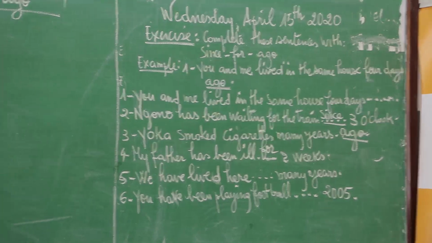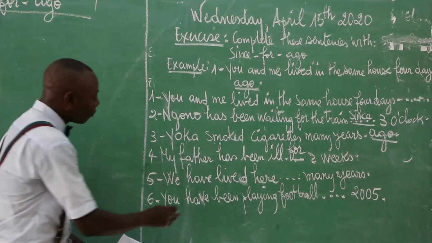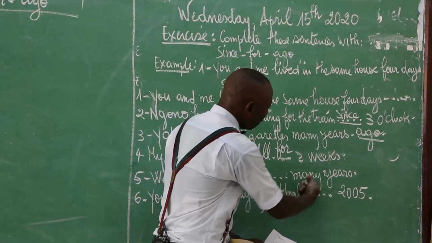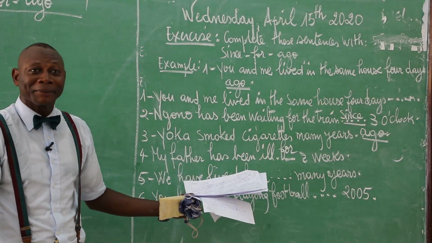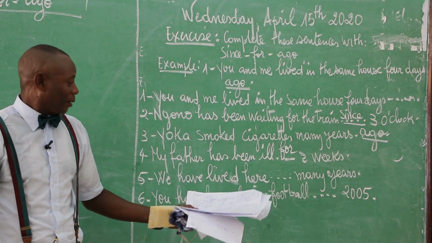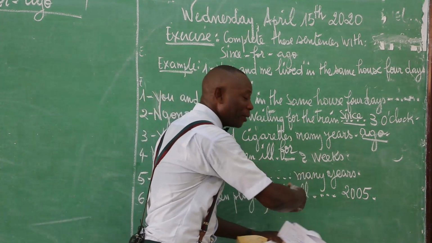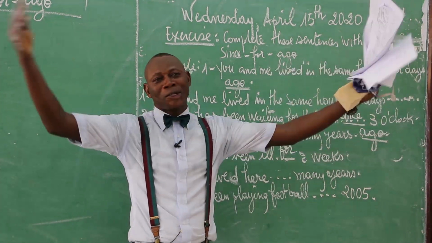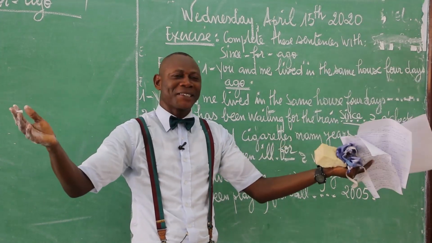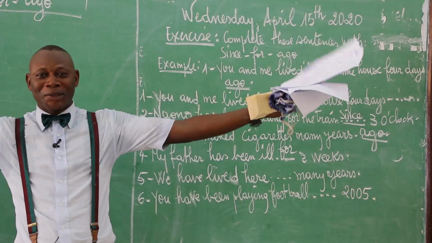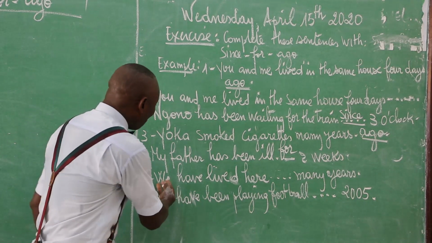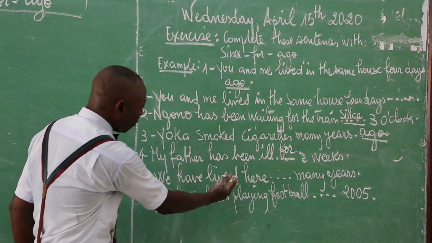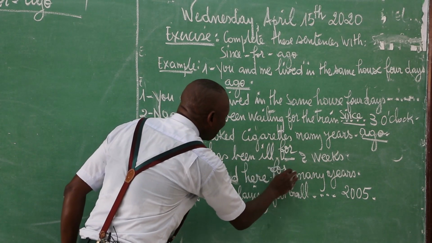Number 5. We have lived here many years. What are you going to say? The moment is given in length too. Many years. We don't know what year it was exactly. So here we put for. We have lived here for many years.